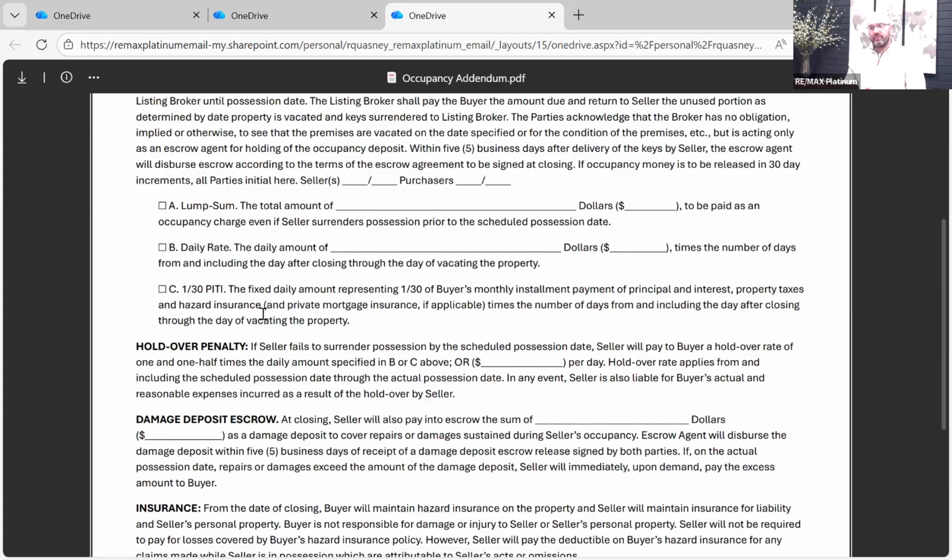Now in theory, it makes sense from the buyer and seller understanding that every day that the sellers stay in the house, the buyers don't get to possess it and enjoy it. And whatever it's costing the buyer to own that property but not get to enjoy it, the seller is agreeing to pay for that, regardless of whether or not that buyer put a large down payment. It's a break even concept, which makes sense.